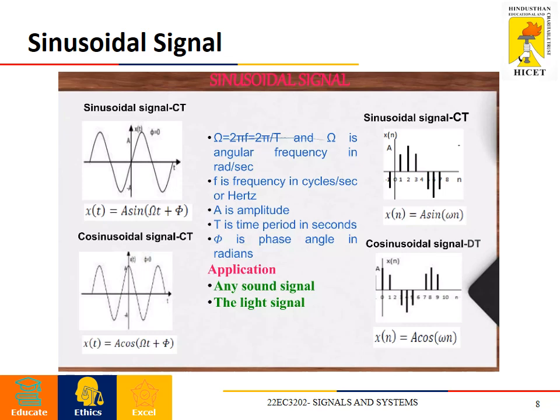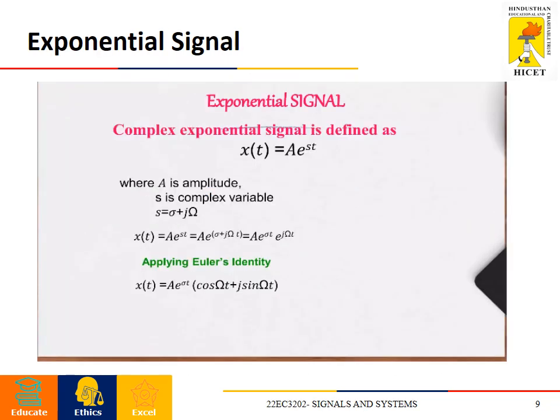See the formula, x of t equals a sine omega t plus phi. The phi represents the phase angle, t represents the time in seconds, a represents the amplitude and omega represents the angular frequency. And the application of sinusoidal signal is any sound signal and light signal.